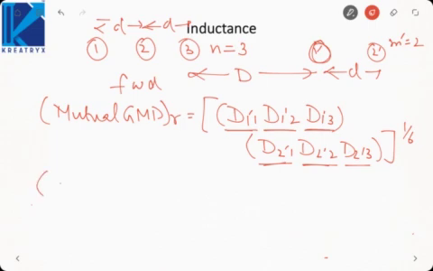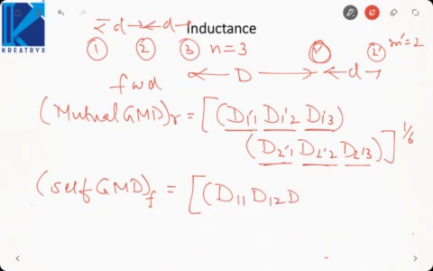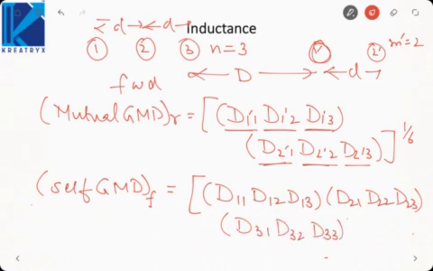Now let us take self GMD of forward path. Here you have to take combinations within the same group. So first take combination of 1 with all the conductors in the same group, 1 1, 1 2, 1 3. Then for second, 2 1, 2 2, 2 3. Then for third, 3 1, 3 2, 3 3. How many terms are coming? 9.